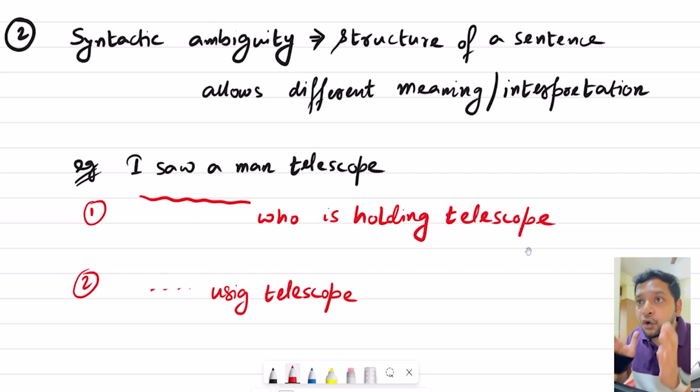So it shows that English or any language is very difficult. It can have different words which can have different meanings, and as a result context understanding is very important. Even there is syntactic ambiguity, which means that the structure of the sentence is very important.